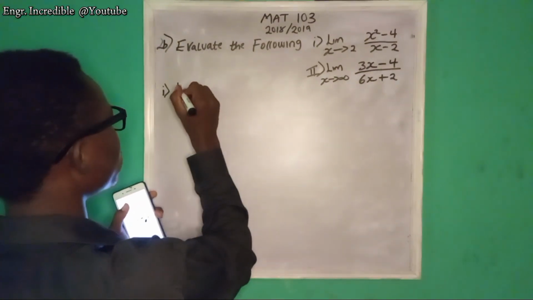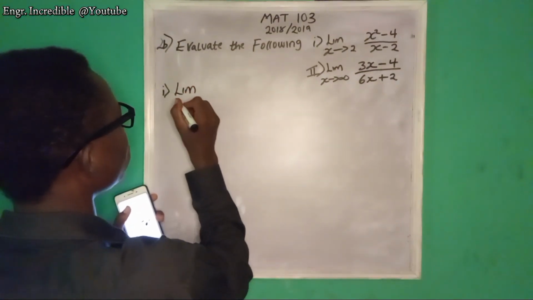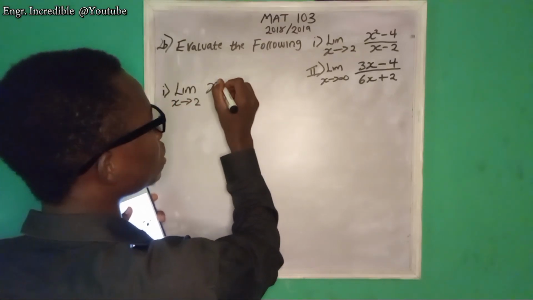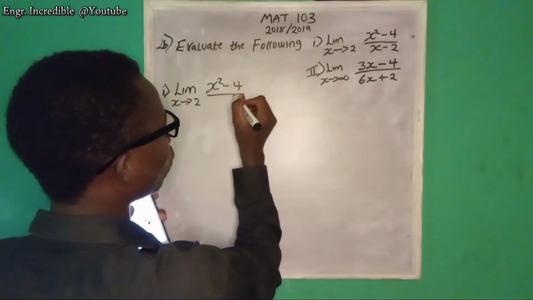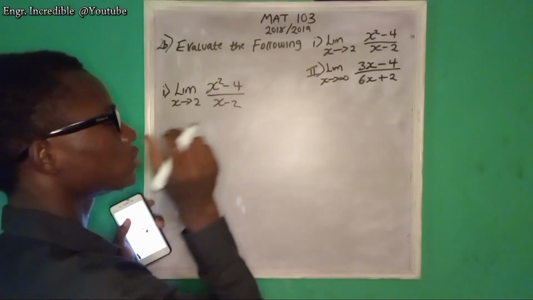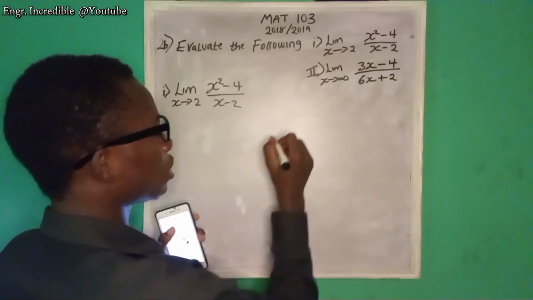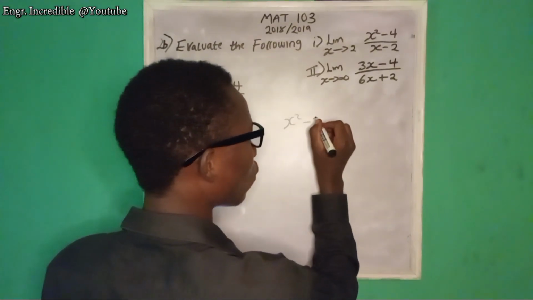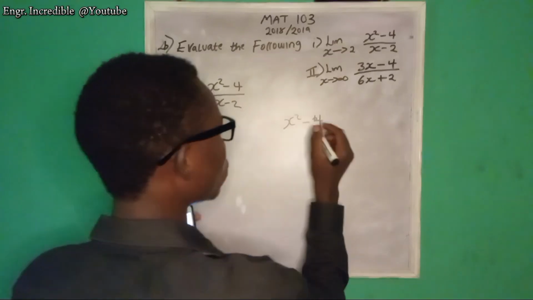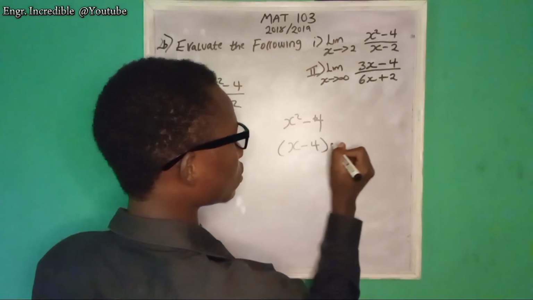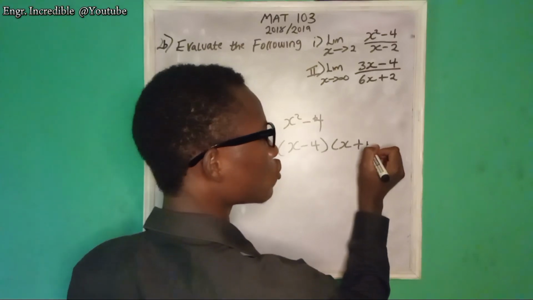Now let me write the question. We have the limit as x tends to 2 of x squared minus 4 over x minus 2. We can use the difference of two squares on this. Using the difference of two squares, x squared minus 4 can be broken down into x minus 4 times x plus 4.